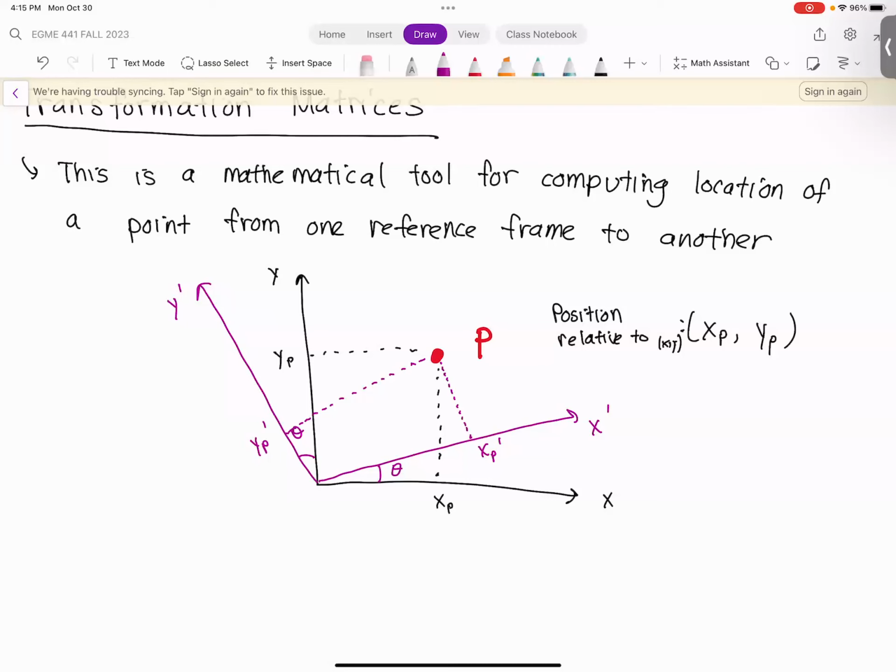Relative to that new coordinate system, we have different coordinates, XP prime and YP prime. These are the positions of the point P in the new coordinate system. The point P has not moved at all. It's still in the same place. It's just how we describe its location that changes because the coordinate axes have changed.